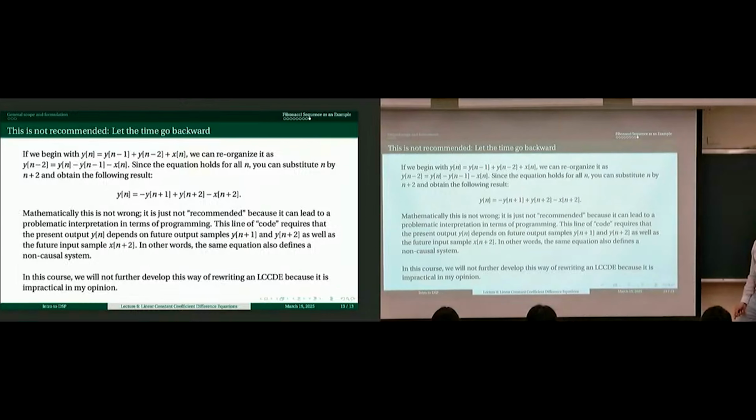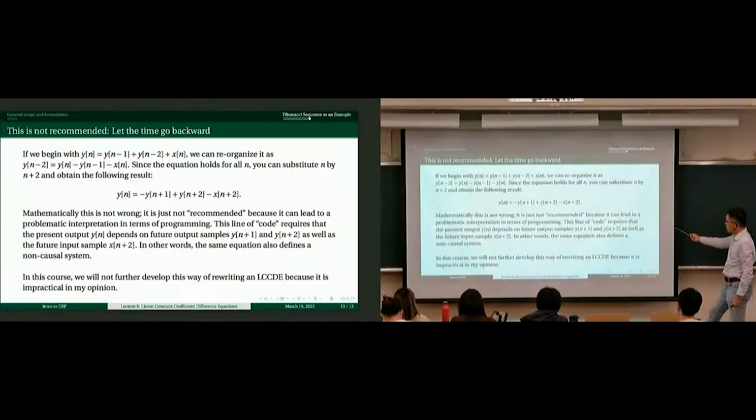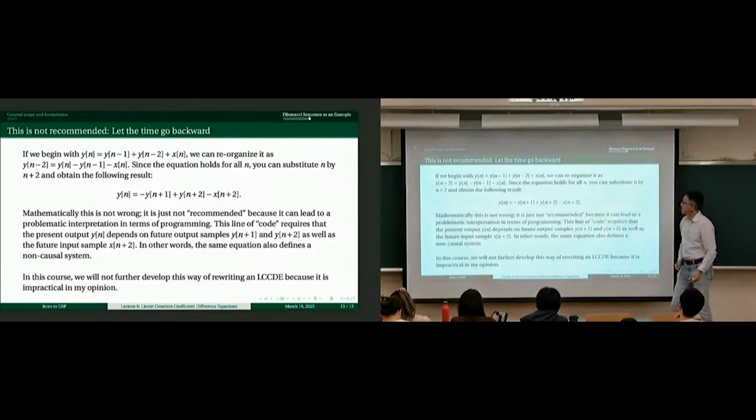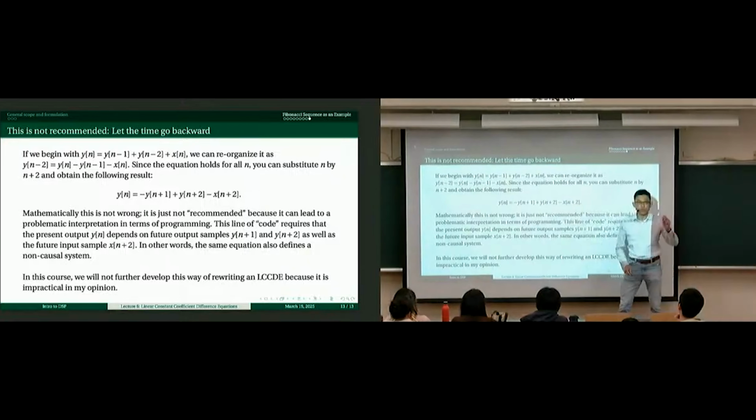Okay? If you think of this as one line of code. So mathematically, there's nothing wrong. If there's one thing wrong we need to point out, it's perhaps that when we write this equation, the equation itself does not specify whether the time is going forward or backward.